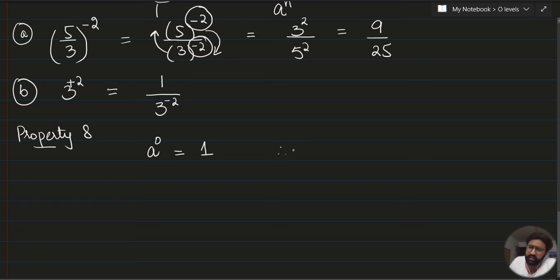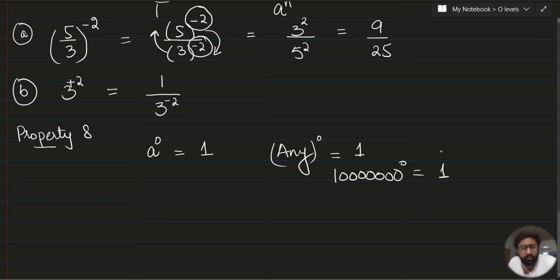Let me write it in an easy way, that if there is any number and there is a power of 0 on top of that number, it is always going to be 1, regardless कि वो 100 millions में क्यों ना नंबर हो. जितना भी बड़ा वो नंबर है लेकिन उसकी पावर में अगर 0 है तो वो 1 होता है.